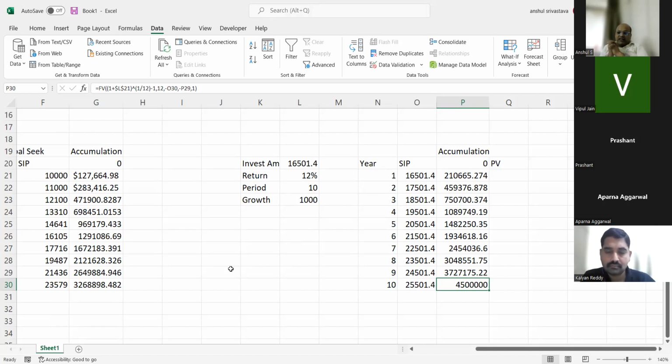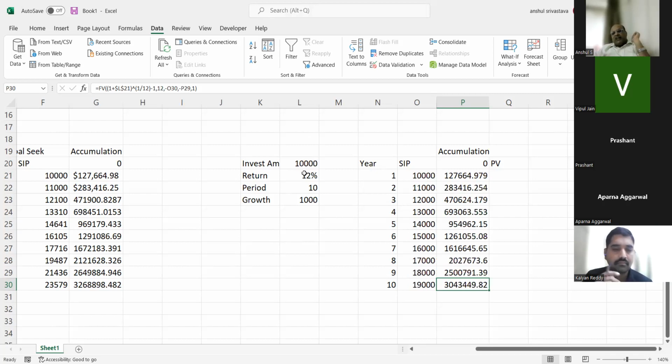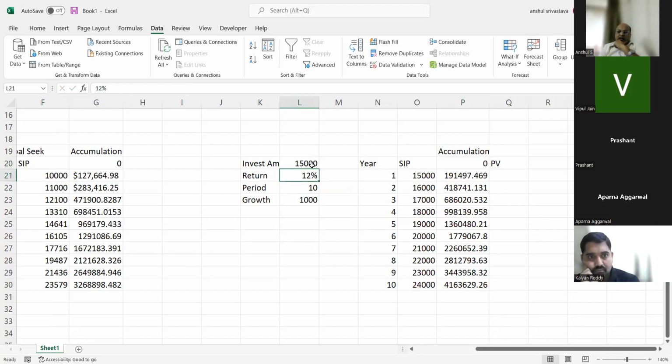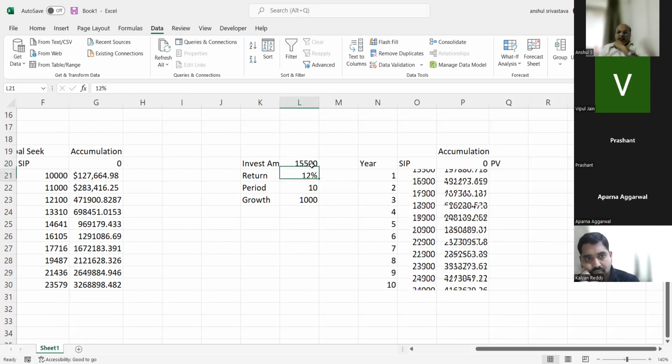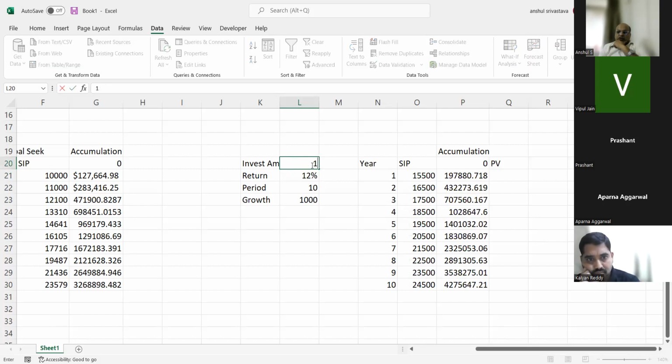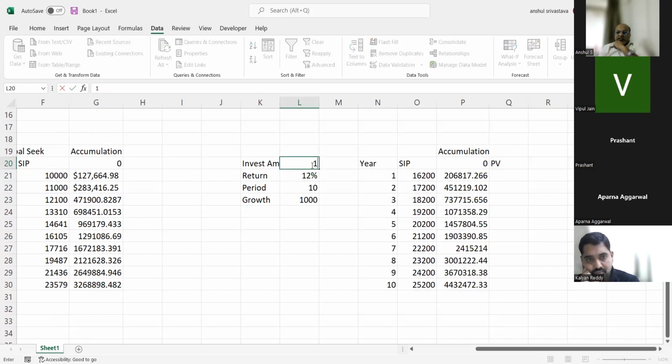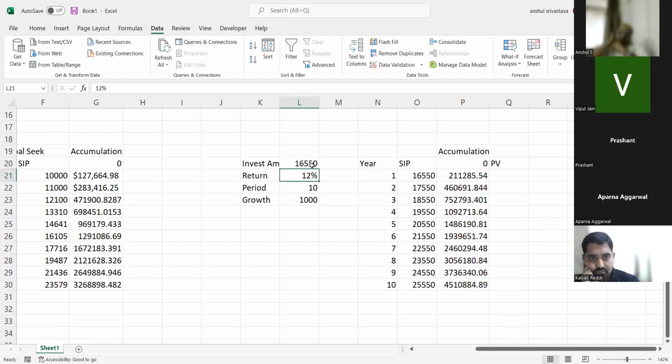देखिए गोल सीक का जरूरत नहीं है. अगर आपको गोल सीक नहीं करना है, if you are finding goal seek difficult, then you can do trial and error. Since this is Excel now, आपको 45 लाख चाहिए तो उसको 15,000 कर दीजिए. ओके 41 लाख हो गया, अभी इसको 15,500 कर. 42,750 हो गया, अब इसको 16,000 कर. 43,780 हो गया, ओके यू कैन क्लोज. 16,200 कर दी. 44,32 हो गया, 16,350 कर दिए. 44,60, 16,550 कर दिए. हो गया काम.